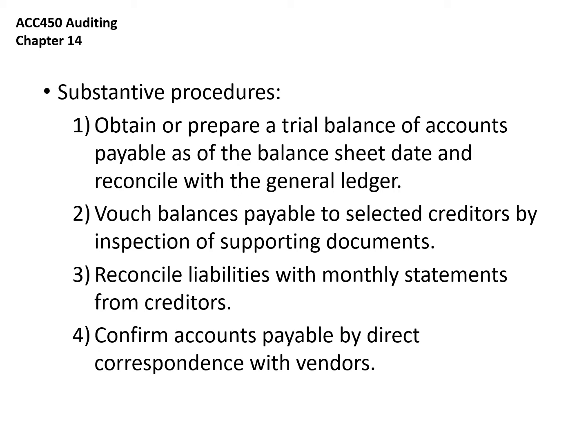So we'll either look at the client's work that's been done, or if the client hasn't been doing that, we'll select some vendors, request monthly statements, and do the reconciliation ourselves on a sample of vendors.